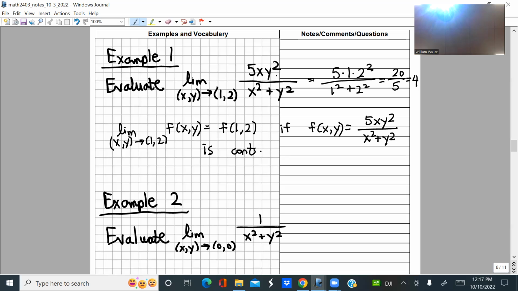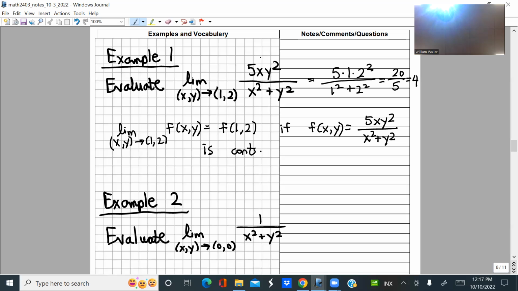This function is what's known as a rational function, the quotient, the ratio of two polynomials. The numerator here is a polynomial because we only have non-negative whole number powers of variables. This is x to the first power, and this is y to the second power.